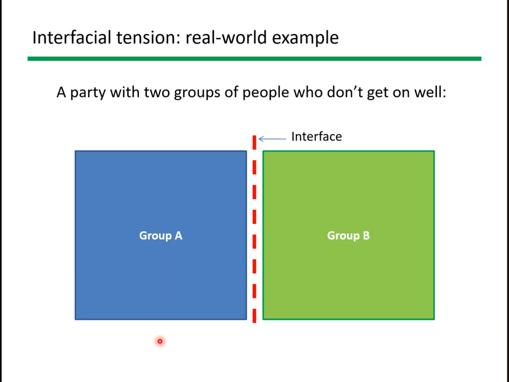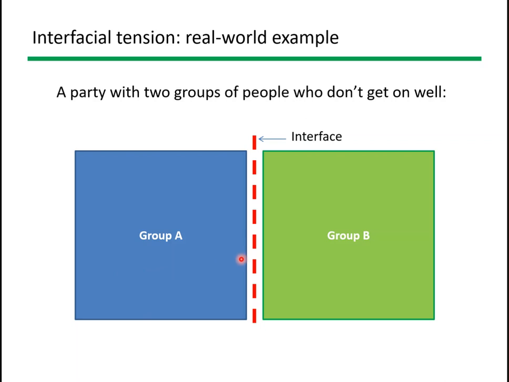I've got an analogy for why that's happening, and that's what's written in front of me, which is the idea of having two groups of people within a party who really don't get on very well. Let's think about that. If you have a person standing here in group A, they're pretty happy because they're surrounded by loads of other people who they like and can talk to.